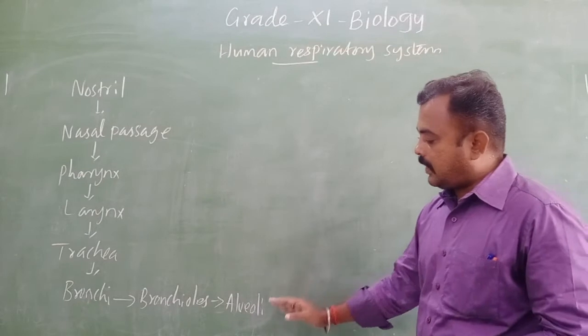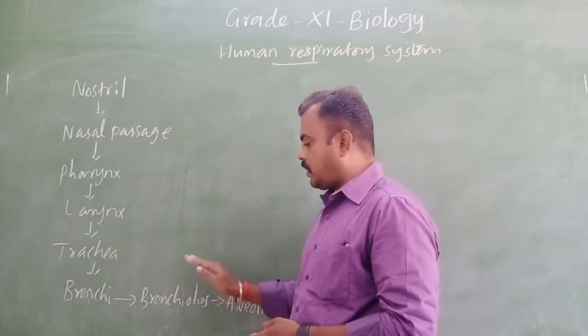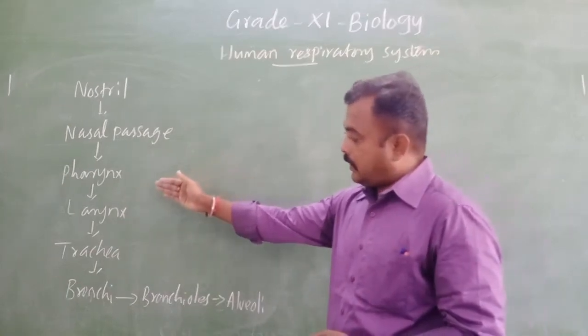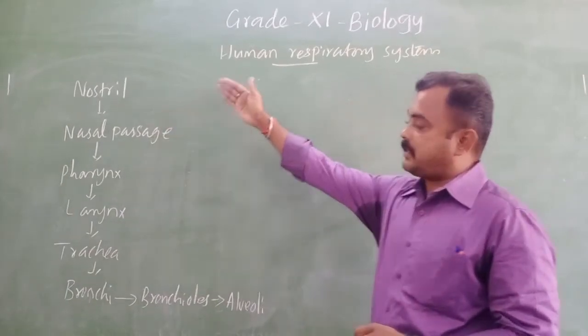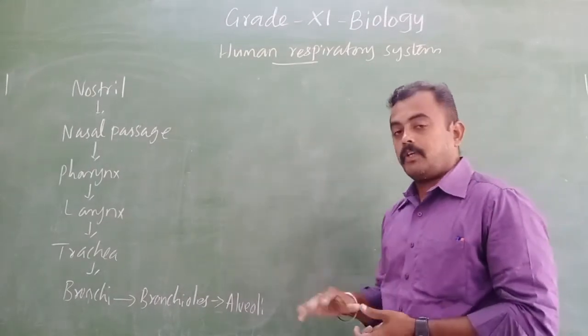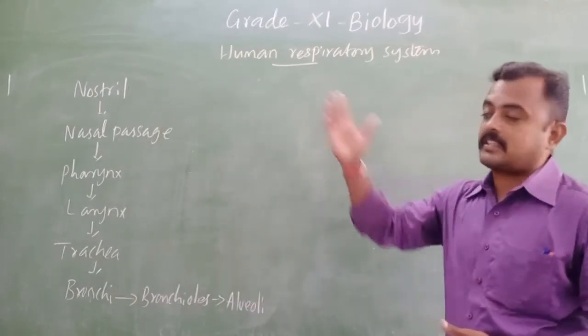Then it goes again to bronchioles, bronchi, trachea, larynx, pharynx, nasal passage, and the pulmonary air, that is, the alveolar air, is released out.